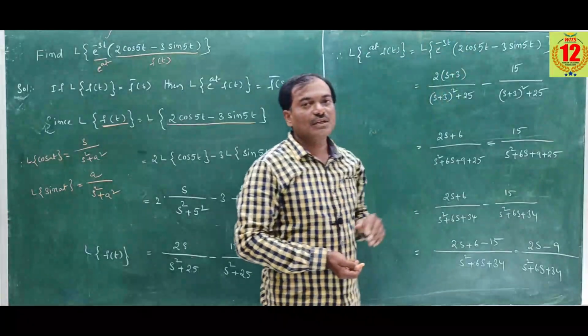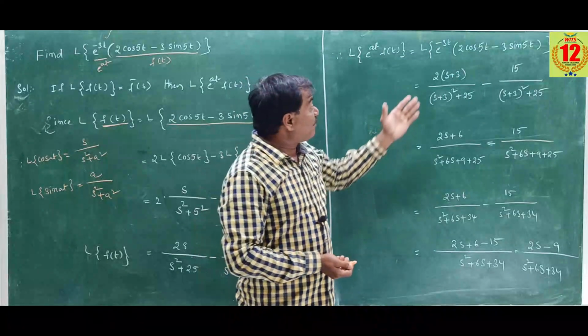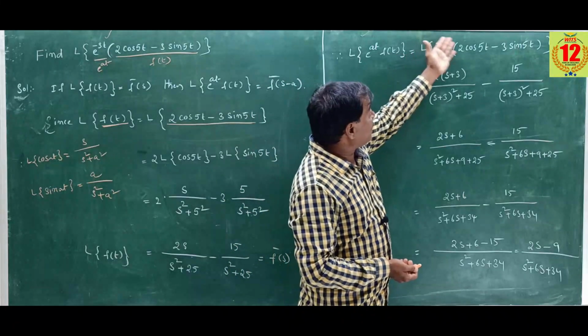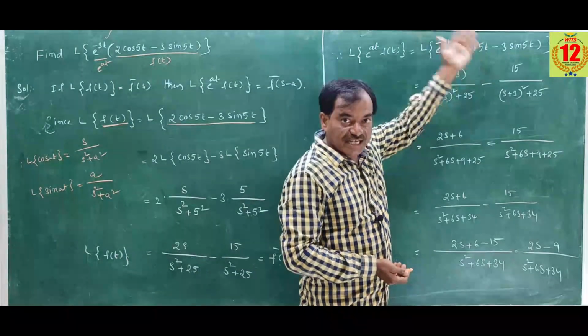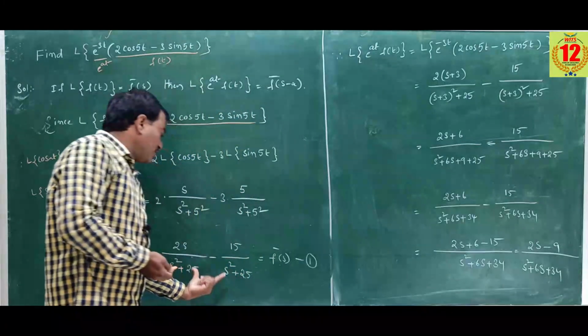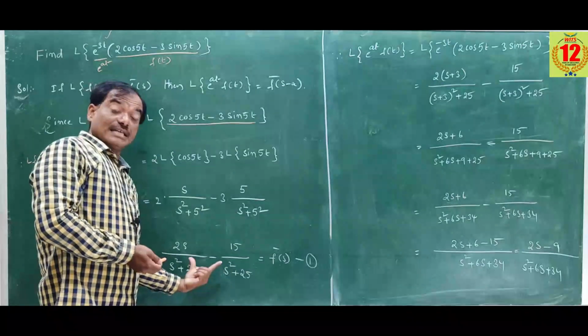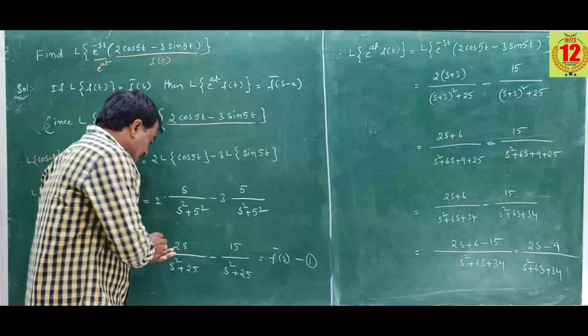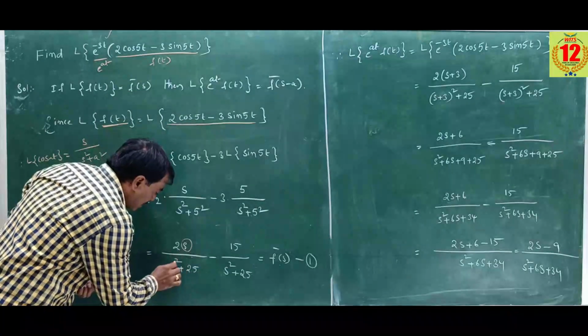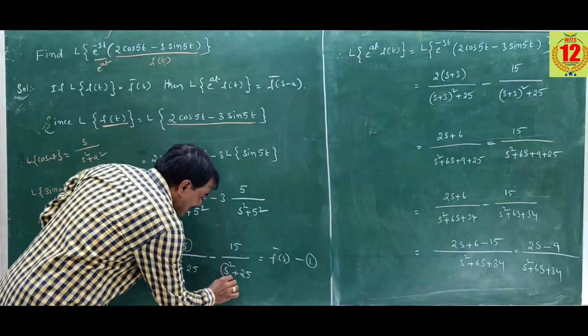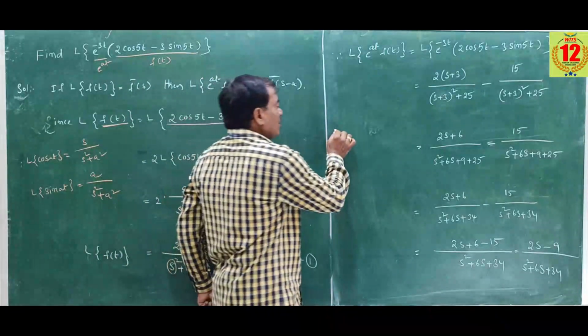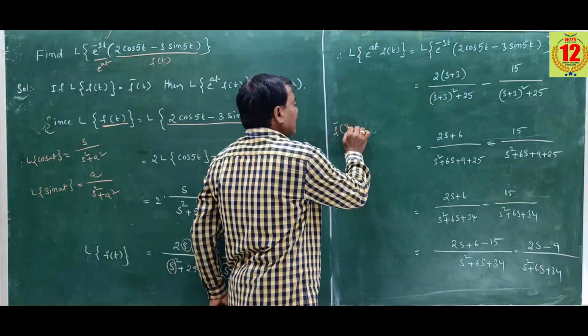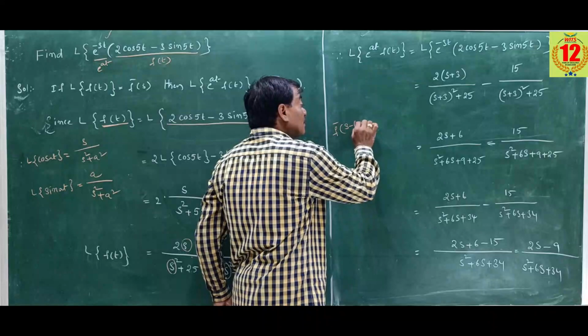Yes, we write what e power at is and what f of t is. So Laplace transform of e power at f of t means, in this equation 1, this is called f bar of s. In this f bar of s, this s is replaced by s minus a, f bar of s minus of minus a.